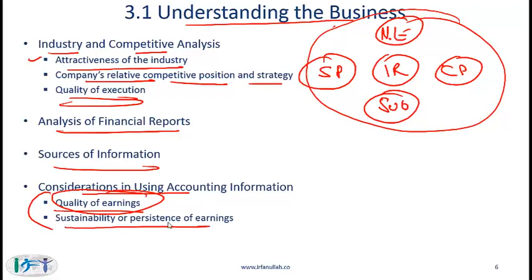The other key point is the sustainability or persistence of earnings. When a company reports earnings in a given period, and there are several one-time items, let's say that the one-time items are positive one-time items. Maybe there was an unusual tax break, or maybe there was the sale of an asset which is not normally sold. That would make the earnings for a particular period higher than usual.